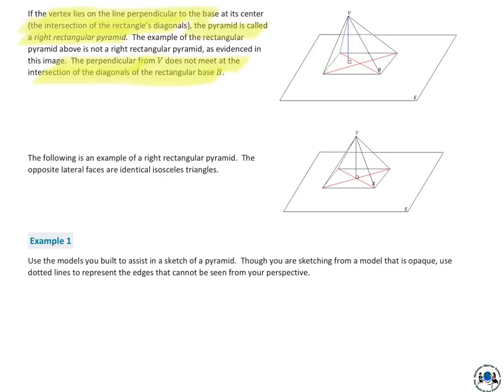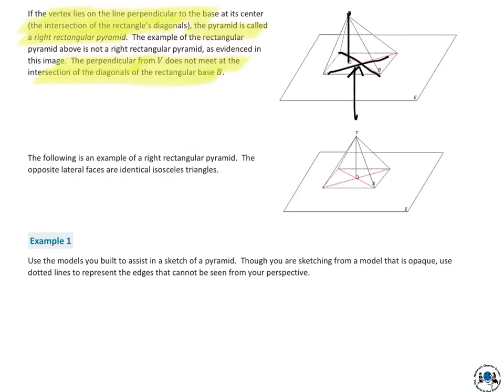So right here, if we make our diagonals, that's going to find us our center point. Now this V, a straight line down, needs to actually intersect right at that center point for it to be a right rectangular pyramid.